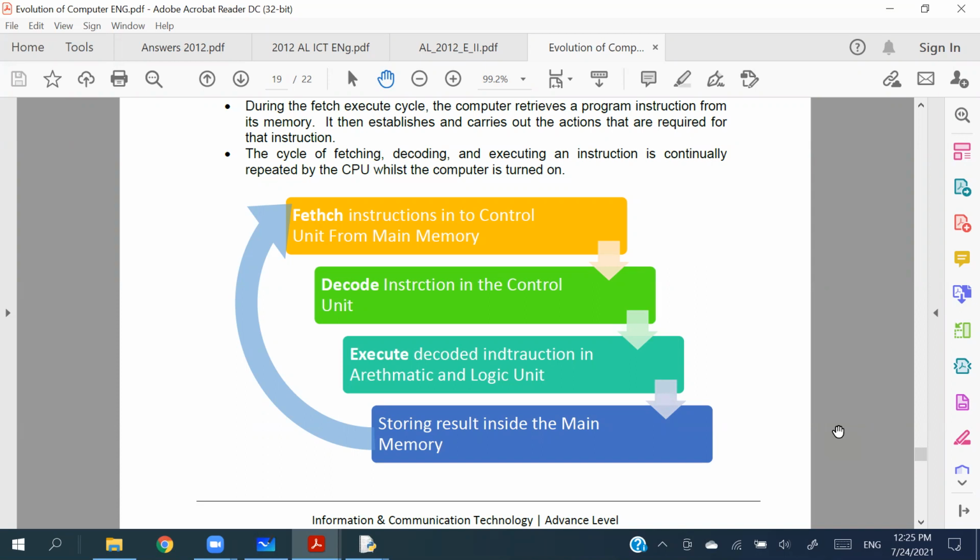Anyhow, things happen in this manner: fetching, decoding, executing, and storing. Then it fetches the next instruction. As I told you, instructions are being executed: take an instruction, decode, execute, store, and again take an instruction, decode, execute, and store. This is what you call the fetch execute cycle.